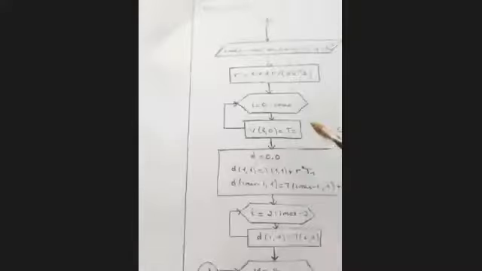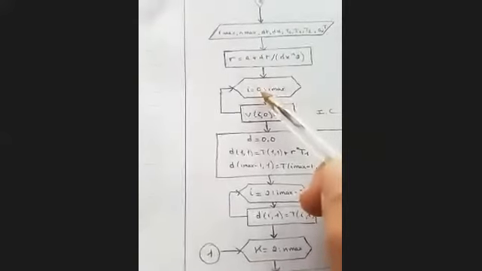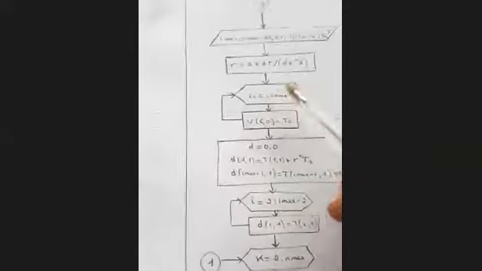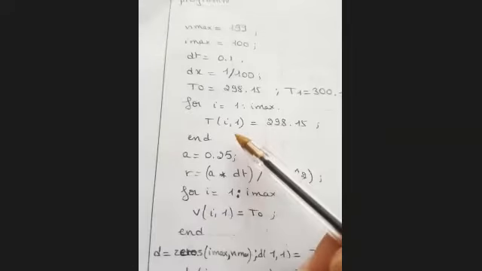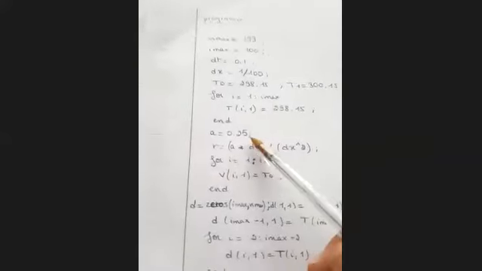For I equal 1، أنا بالماتلاب I need to use 1 not 0. أوكي لأنه ما بيفهم الزيرو. From 1 to I max or I max plus 1 مثل ما بدكم بتاخذوها. الفي أنا سميتها هون في اي 0، هي تي اي 1. تي اي 1 equal 298.15 and then a equals 0.25, r equal a dt over dx square.